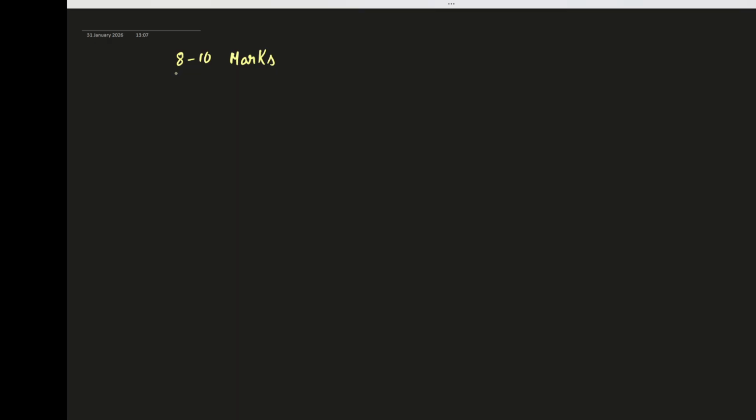And this is one of the simplest, I must say, and very scoring topics from trigonometry, right? So in this lecture, I'll be covering the basics of heights and distances and mostly how to solve these questions, because what my experience has been in the past is that students are unable to figure out what exactly has been given in the question and how to go about solving it, right?